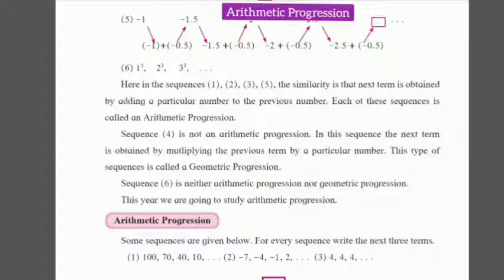And in the remaining ones, it is by adding a particular number to the previous number. That particular number may be positive or negative. Such a sequence is called an arithmetic progression. Understand, friends? Here we are going to study only arithmetic progression.